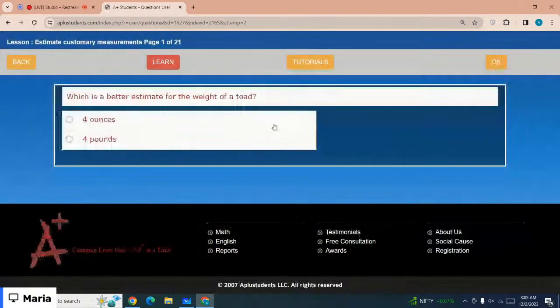Different units mean some of the units you use to measure very small things, some are used to measure big things, right? Okay, which is a better estimate for the weight of a toad, 4 ounces or 4 pounds? Which is the correct option?